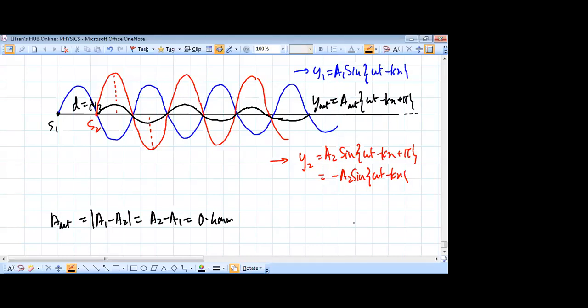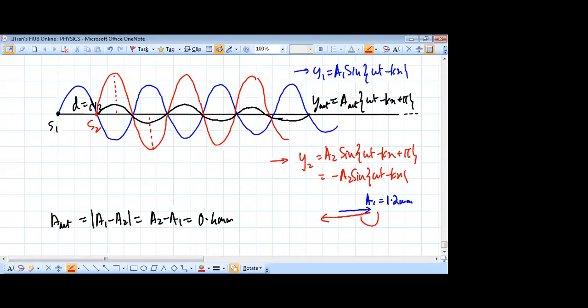And your phasor diagram would have looked like this. Your E1 is 1.2 mm, but your E2 is at a phase difference of pi, and like this.